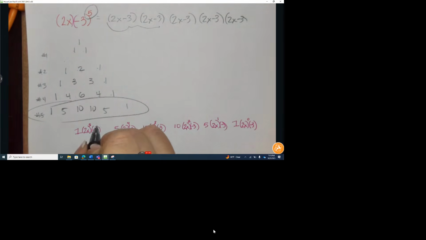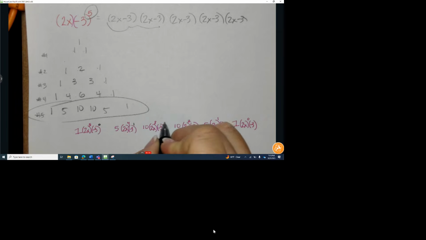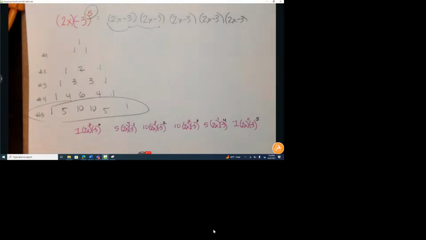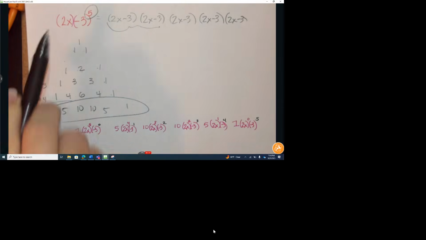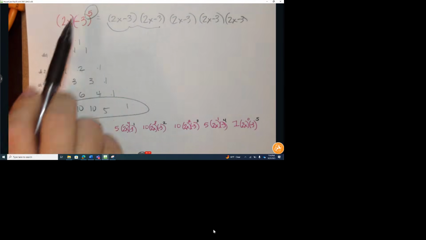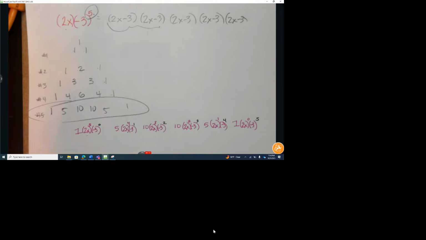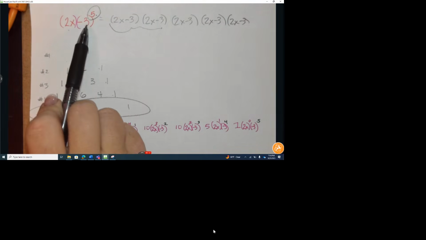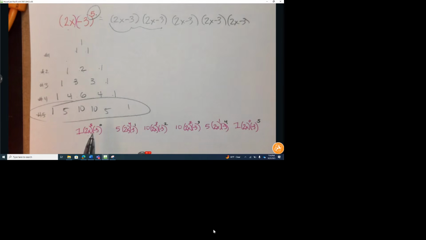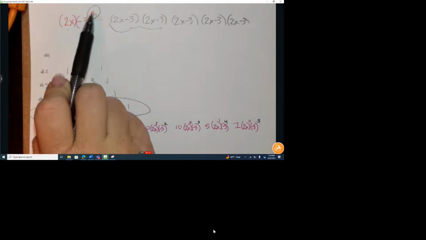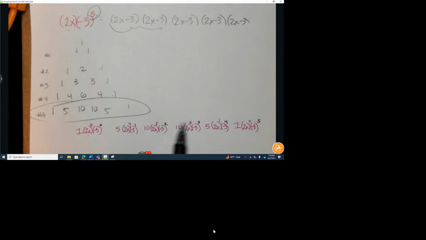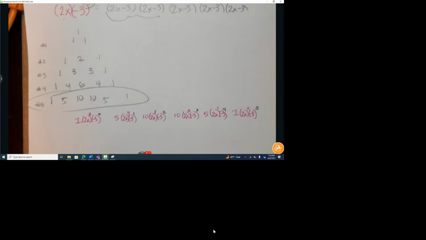So now when I go back, I have 0, 1, 2, 3, 4, and 5. So to count down your first term, your front will always start with whatever is your number up above, and will always count all the way down to 0. And then your second part of your binomial expression will start with 0 and always count up. When you add these up, they'll add up to 5. 5, 5, 5, 5, and 5.